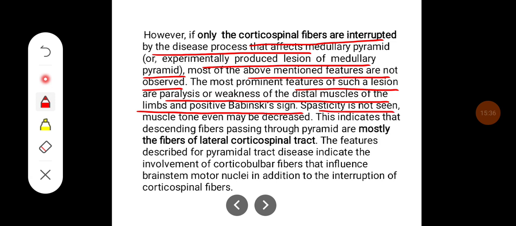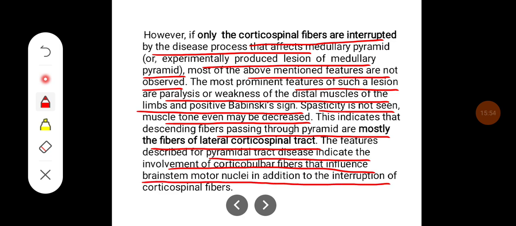Spasticity is not seen, muscle tone even may be decreased. This indicates that the descending fibers passing through pyramid are mostly fibers of the lateral corticospinal tract. The features described for pyramidal tract disease indicate the involvement of the corticobulbar fibers that influence brainstem motor nuclei in addition to the interruption of corticospinal fibers.